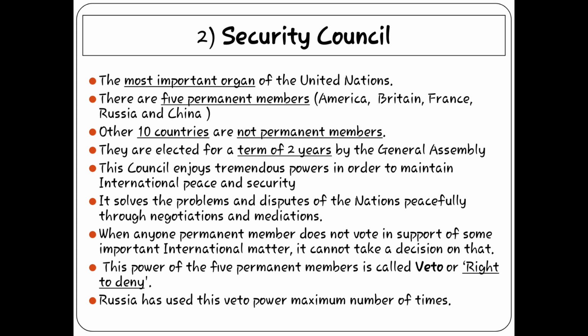Russia has used this veto power the maximum number of times. In your textbook, on page number 20, there is a chart. In that chart, you can see Russia had used it the maximum. And with this veto power, Russia had spoken for India's relation with Pakistan.